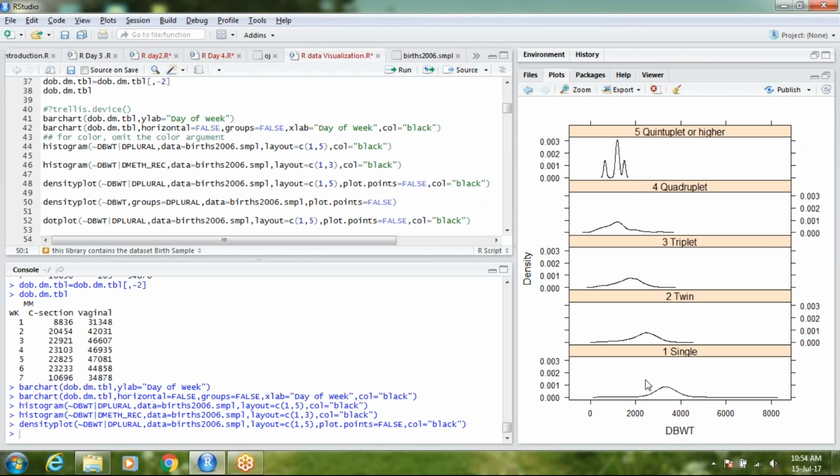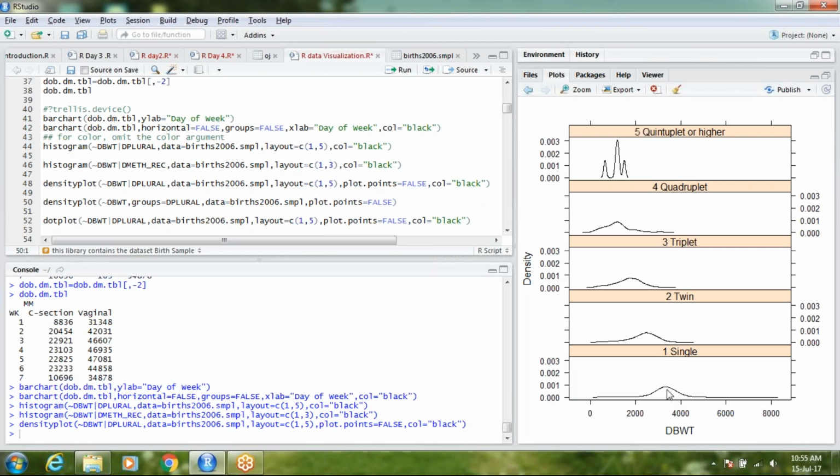So as you can see here, for single, again the distribution of the weight is a bit higher compared to the other counterparts that we have.